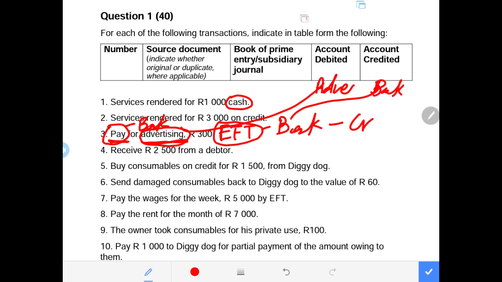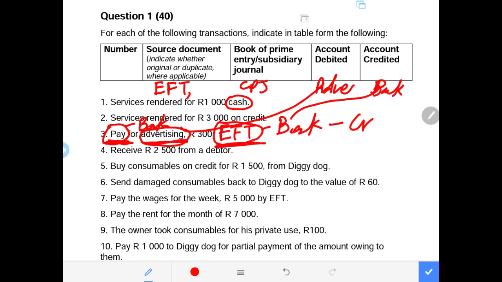Now the book of prime entry. Obviously there is a payment here, EFT or payment. If we pay, the journal that will be affected is the cash payment journal, where we record money that went out of the business. In terms of the source document, it can be EFT or an original receipt.